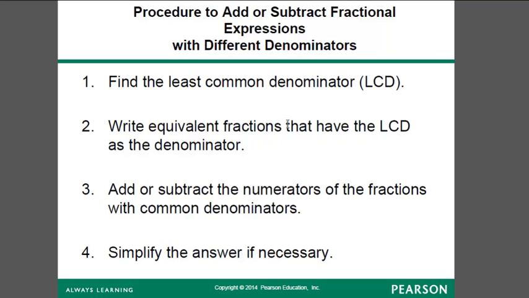We then write equivalent fractions, which we have seen before, that have the LCD, or least common denominator, as the new denominator. After we have done so, we add or subtract the numerators with the common denominators. And we must always remember to simplify the answer if necessary.